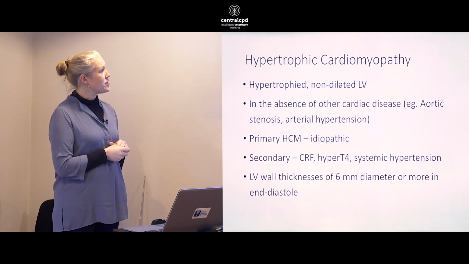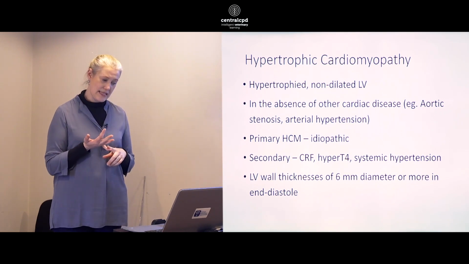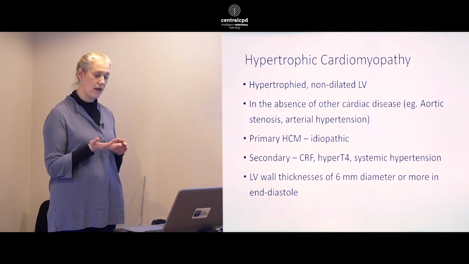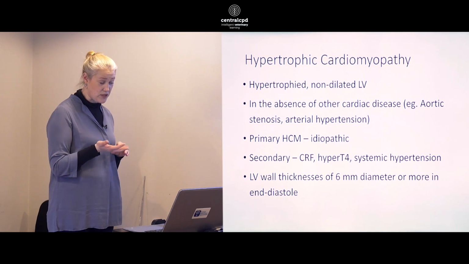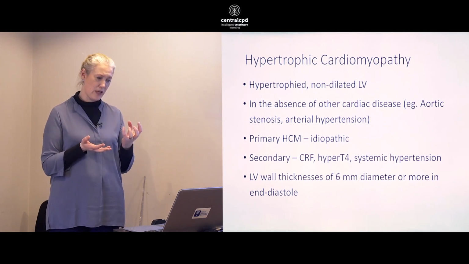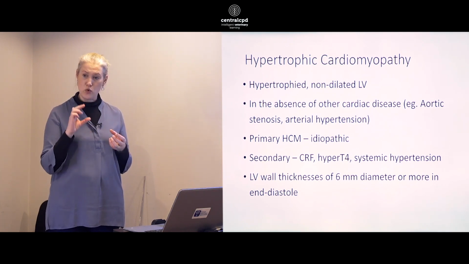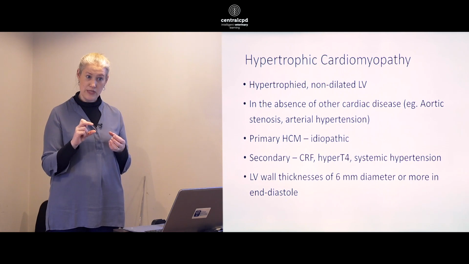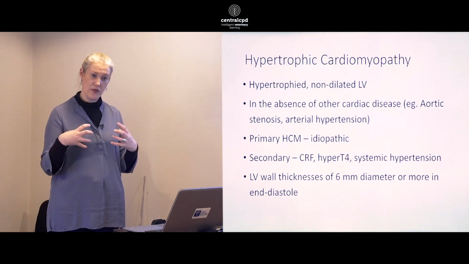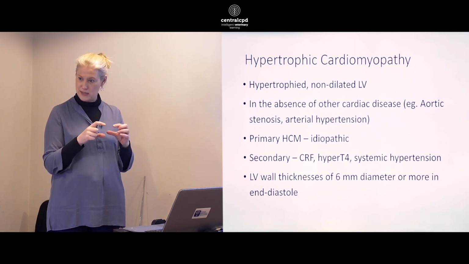So if we start with HCM, or hypertrophic cardiomyopathy, the hallmarks of this, and as I said, it is an echo diagnosis really, are thickened left ventricular walls, and the chamber is not dilated. It's often a normal to small chamber size, and the reason it can be small is as the heart muscle gets thicker, it tends to get thicker inwards, so the chamber can get smaller as a result.